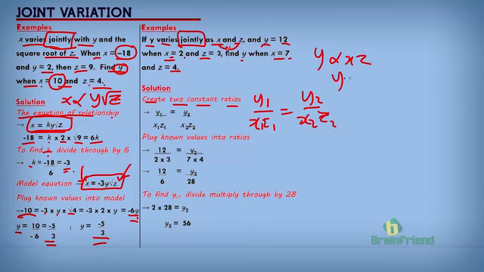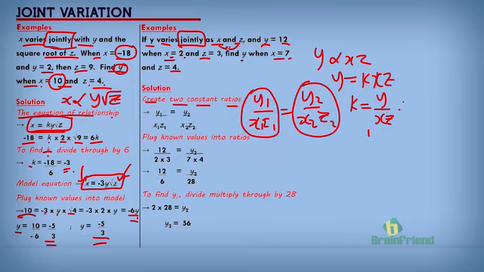And of course, this gives us the equation y is k x z. K, of course, is our constant of proportionality. And of course, isolating k would have k is y over x z. And of course, k is a constant, so we can equate two ratios that are equal to each other. And that's how we created y1 over x1 z1 is equal to y2 over x2 z2.